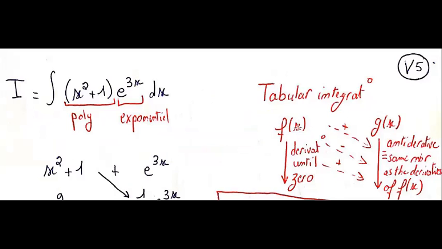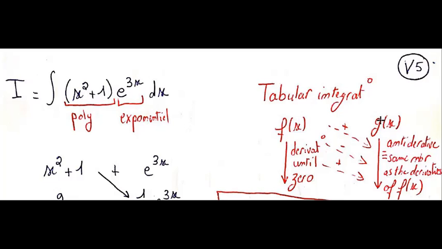We put f of x on the left, and we differentiate until 0. So successive differentiation of f of x until reaching 0. And here, the polynomial is the function that I differentiate until 0, because in all cases, the only function that is successively differentiated until reaching 0 is a polynomial.